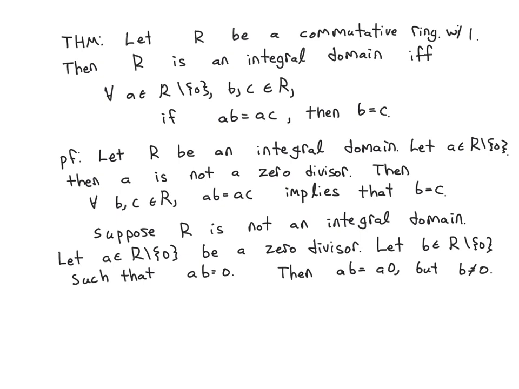That's a good exercise in logic: the negation of the cancellation statement is that there exists an a in R minus 0, and b and c in R, such that ab is equal to ac and b is not equal to c, which is exactly what we showed.